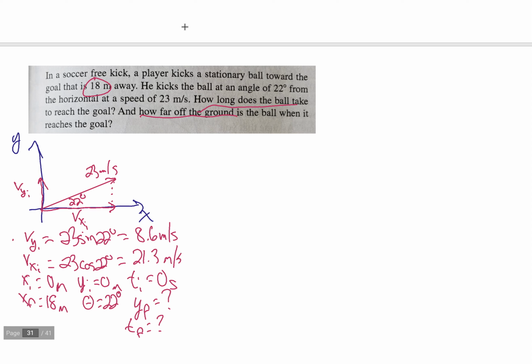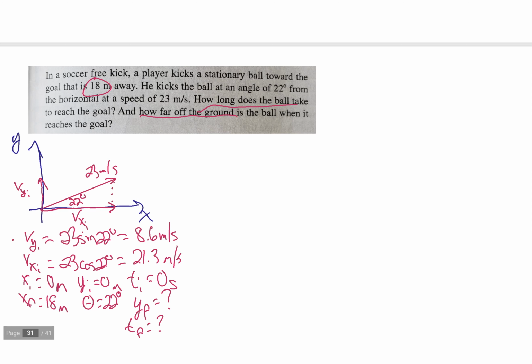Well, if I go back to my kinematic equations, knowing what I know and what I don't know, I have x sub f and x sub i, okay? Since I have both of those, and I know my velocity in the x direction, 21.3 meters per second, and it's going to stay 21.3 meters per second the whole time.